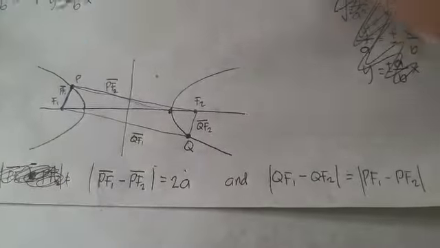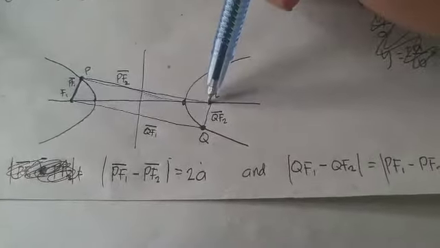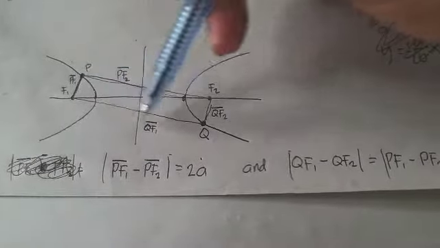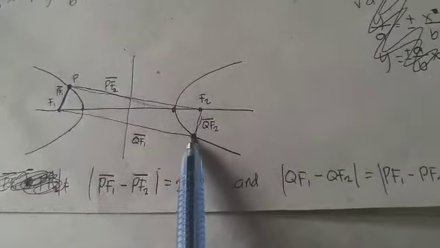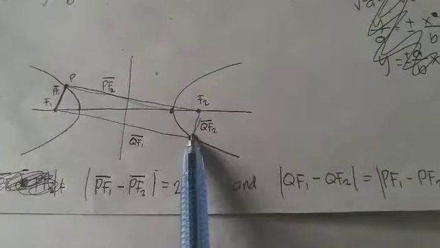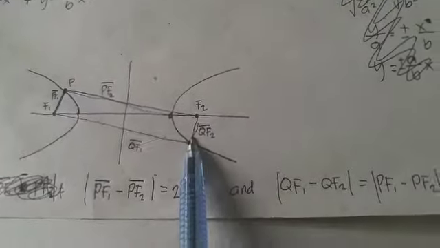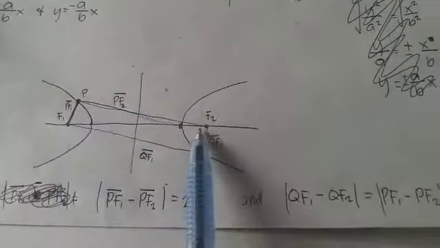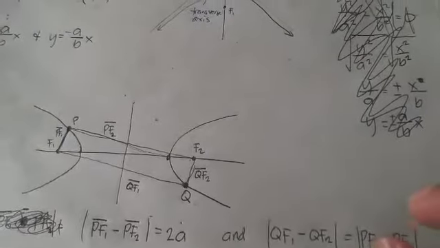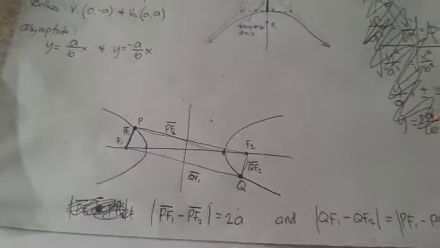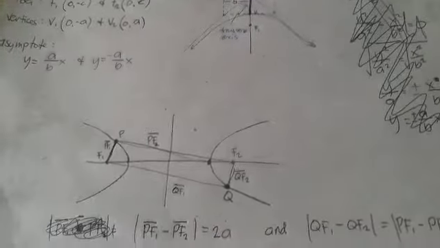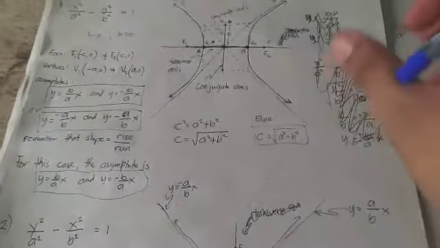Take a point Q on the hyperbola: the distance QF to one focus, compared with the distance to the other focus, always gives this same constant. Anyway, this was already discussed earlier, and you can see it in the module and in our video introduction about the definition of hyperbola. I just emphasized it. Okay? So, to better understand the definition and the standard equation of the hyperbola, let's have an example.